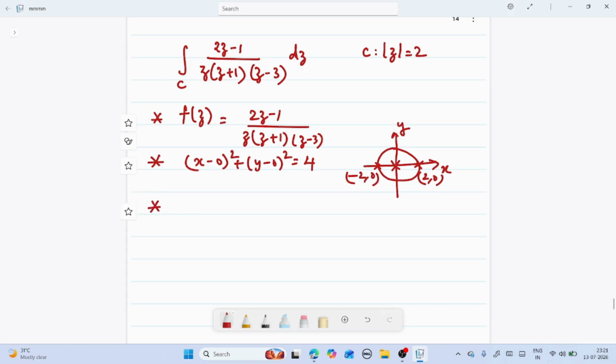Thirdly, identify what are the poles from the given question. Here the poles are z0 equal to 0, z0 is equal to minus 1. So we will consider it as z1 because we have two poles here. And z1 is equal to 3.